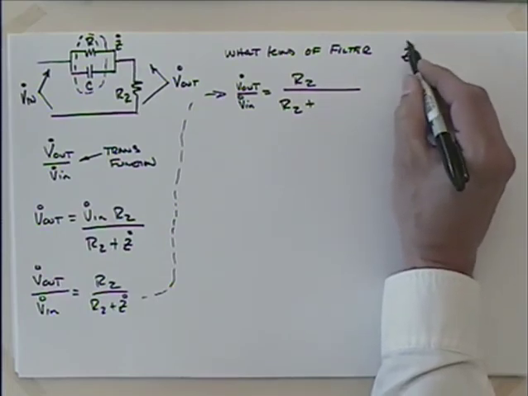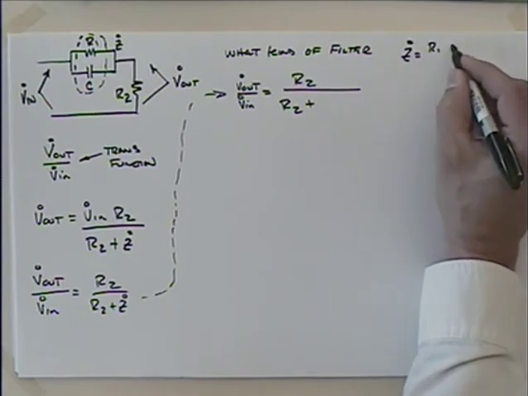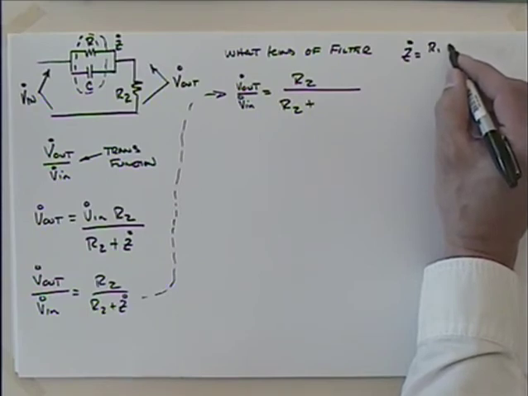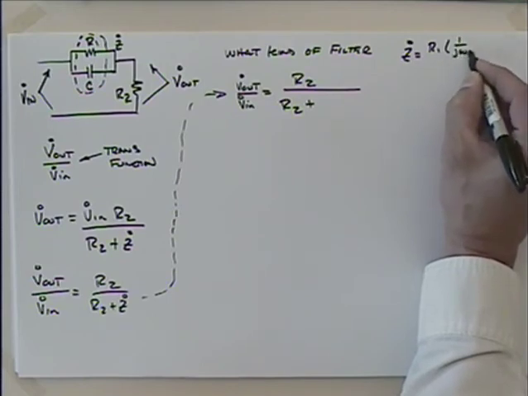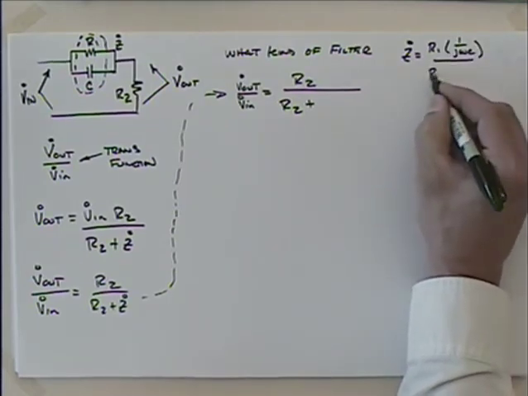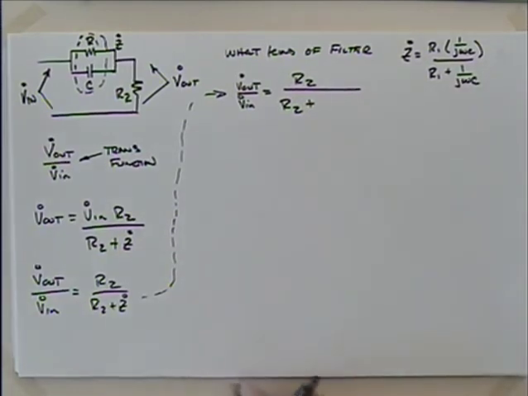So Z would be equal to R1 times 1 over j omega C divided by R1 plus 1 over j omega C. Is that right? Yes. Because the j's in the denominator, they should be positive, shouldn't they? Okay.